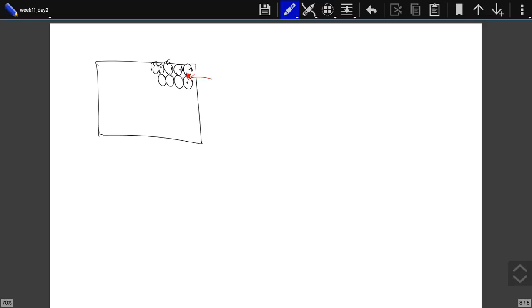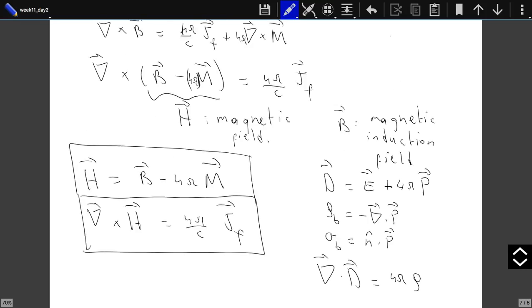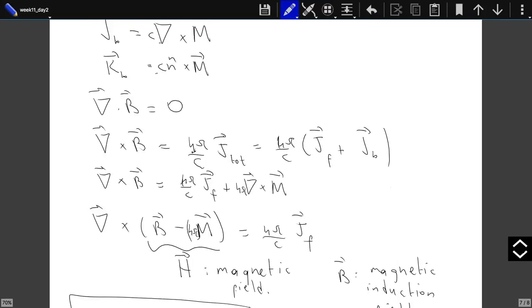Effectively, at that point, the currents do not cancel. So you obtain an effective current at that point if magnetization is not uniform. So that is this curl of M, this J_B, this bound current density, which is the curl of M.